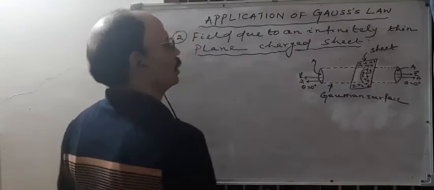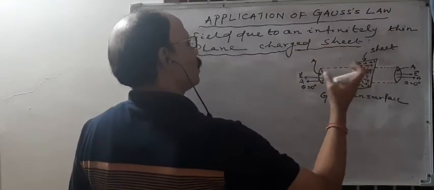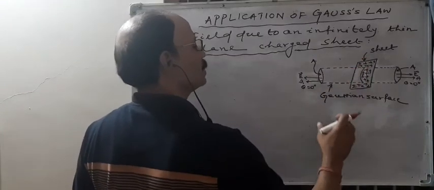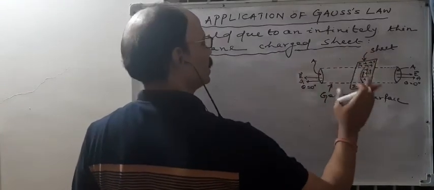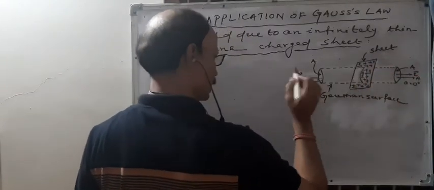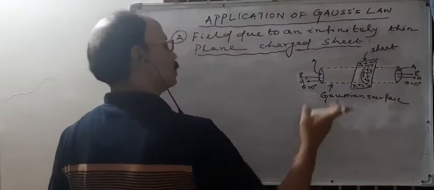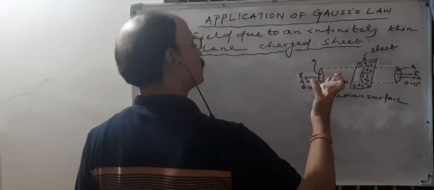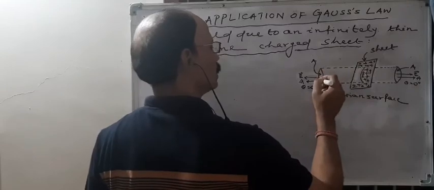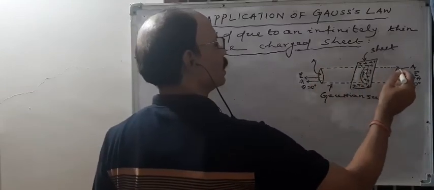Okay, so here both the Gaussian surfaces can be applicable. Both are symmetric, because we have to find the electric field towards this side and towards this side. So we may use the Gaussian surface, cuboidal or cylindrical, because we need this surface area.